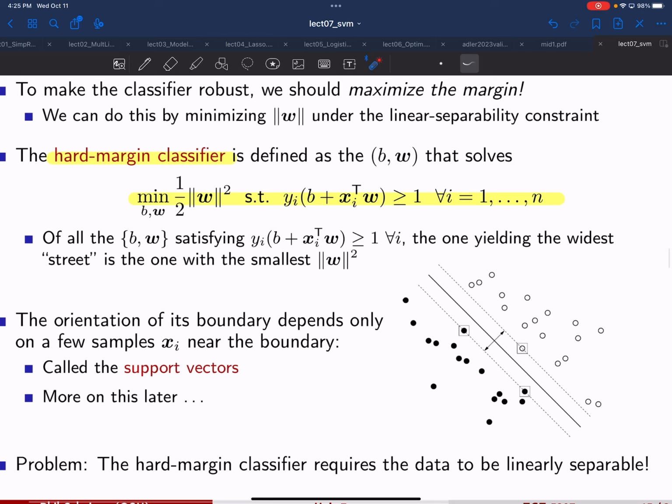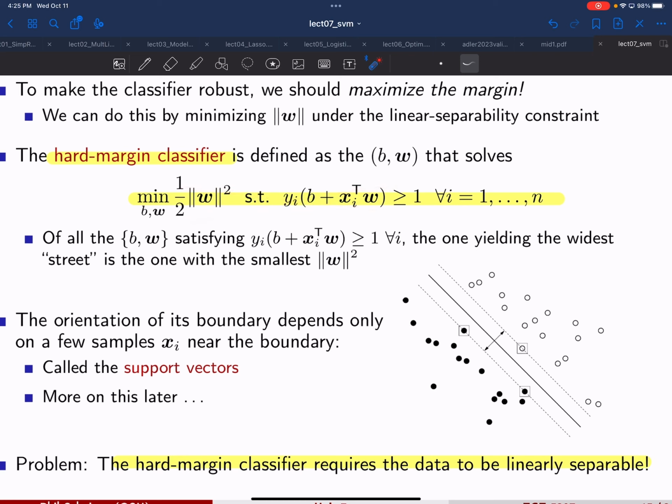Okay. So that's all good, but there's one big shortcoming of this version of the method, which is that this hard margin classifier idea only works if it requires the data to be linearly separable. Because if we have a data set that is not linearly separable, that means there is no B and W that can achieve this, and therefore we can't solve this problem.